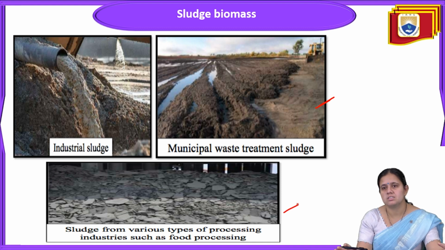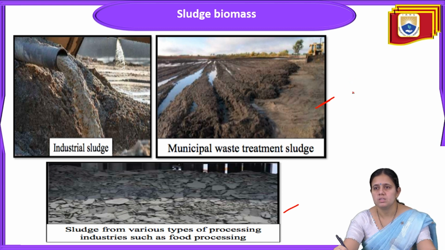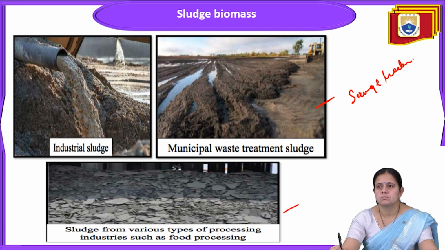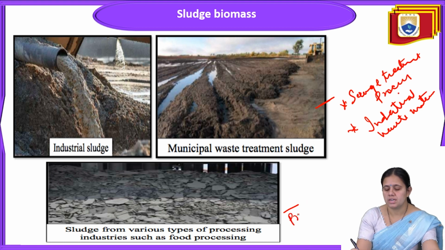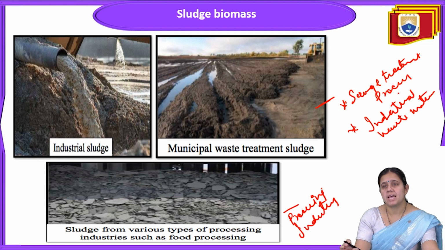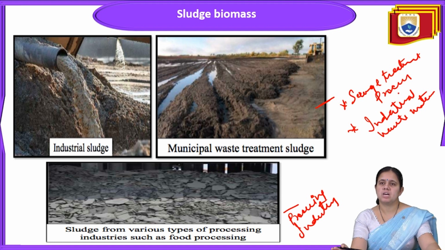Many industries are there, and these are examples of the sludge obtained from many different sectors: the sewage treatment process, the industrial wastewater treatment process, and processing industries like dairy processing or tanning. All of them produce some amount of sludge.